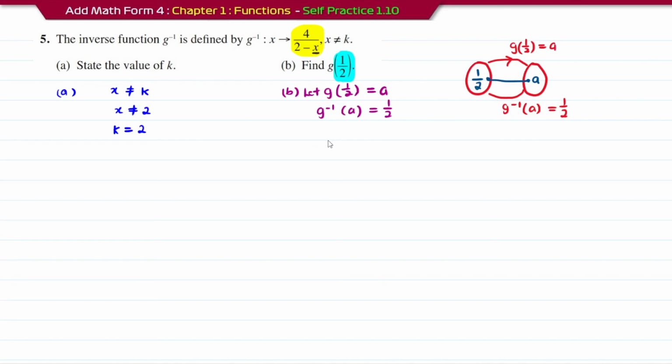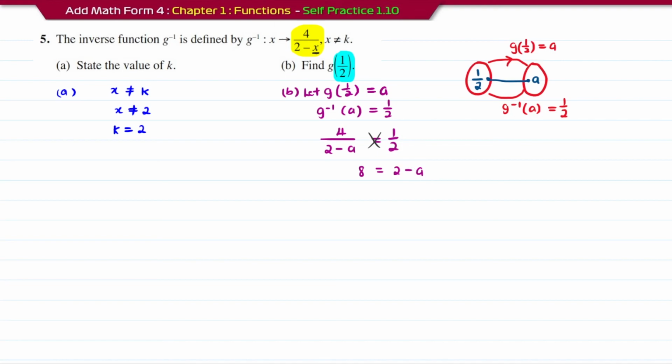So next, we're going to have 4 over 2 minus a equal to 1 over 2. So next, we're going to do the cross multiplication here. So therefore, next we're going to have 4 times 2, which is 8. And this part, 2 minus a times 1 is still 2 minus a.